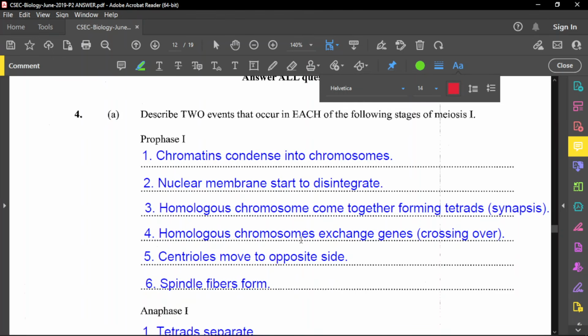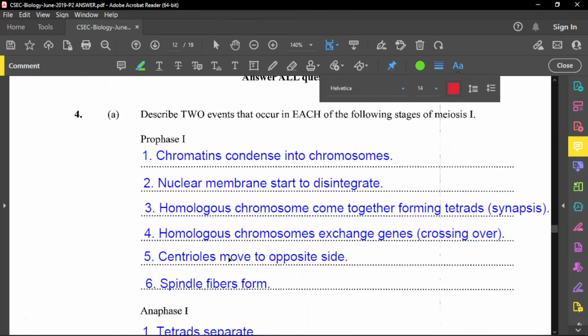All right, so homologous chromosomes exchange genes, which we call crossing over. The coming together of the homologous chromosomes we call synapsis, and a tetrad is formed. And then when homologous chromosomes exchange genes, that is what they call crossing over. So know the difference between synapsis and crossing over.